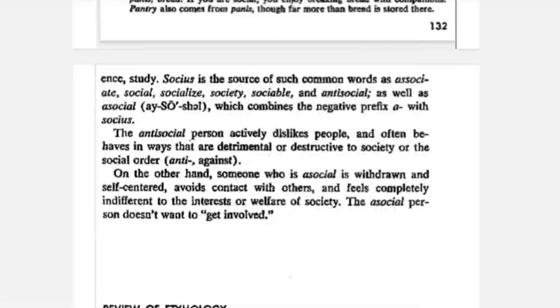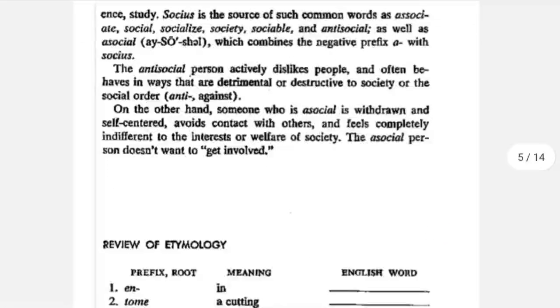So someone who dislikes people and can often be detrimental or destructive for the society. The next word is asocial. A is a negative prefix, so it means someone who does not like contact with others. Someone who is self-centered, for example, introverts.